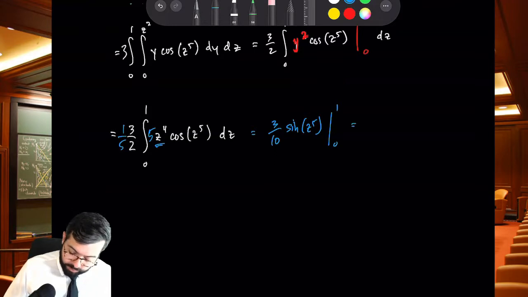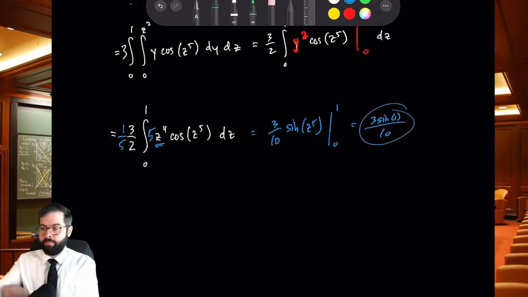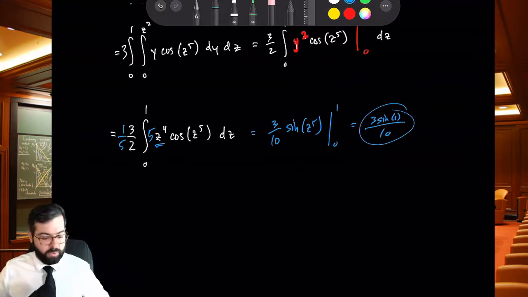Sine of 0 is 0, so this is really 3 sine of 1 all over 10. Whatever the sine of 1 is, they never make you memorize that.